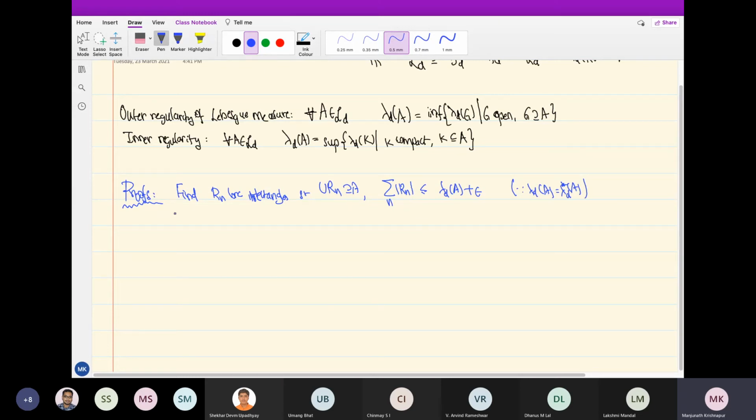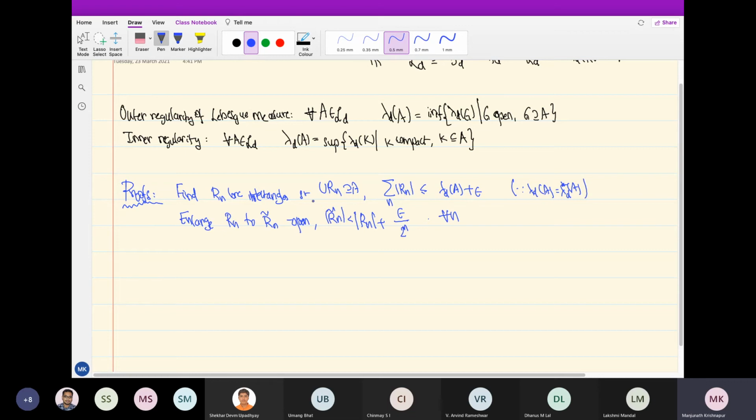Now you enlarge R_n a little bit. So let's make it R_n tilde, which is open, and such that the volume of R_n tilde is not too big. Let's say it is bigger than the volume of R_n, but by at most epsilon over 2 to the n. Okay, so do it for all n.